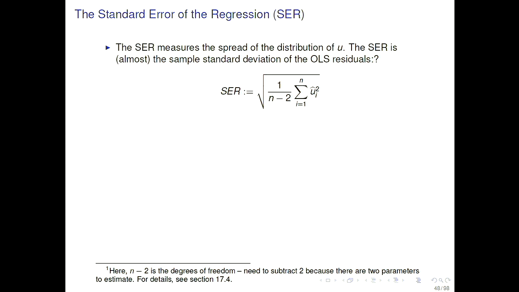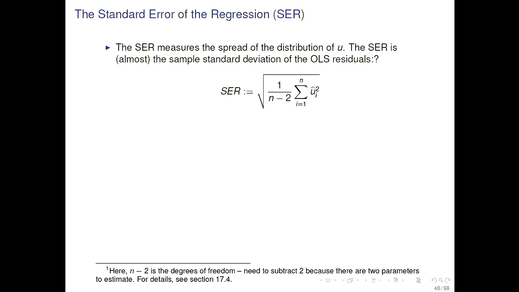An alternative measure for goodness of fit is the standard error of the regression. So here, this is just the definition of standard error, and we take into account the degrees of freedom. So instead of dividing the sum by the sample size, we subtract 2, because in this problem the number of parameters is 2.